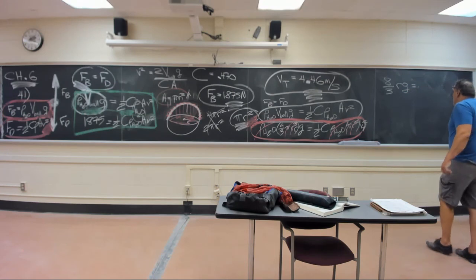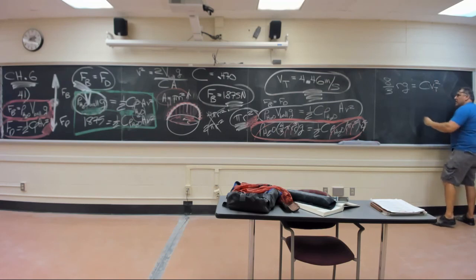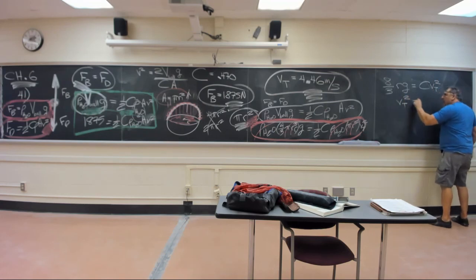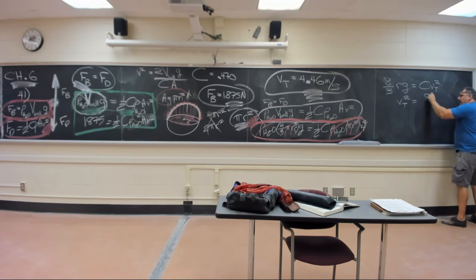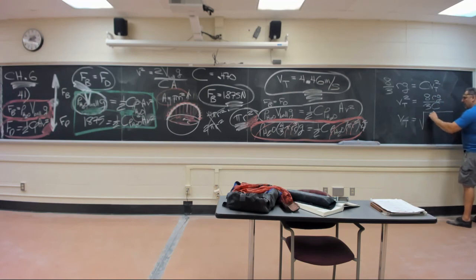So we got C VT squared is 8RG over 3. VT equals the square root of, what do we got?